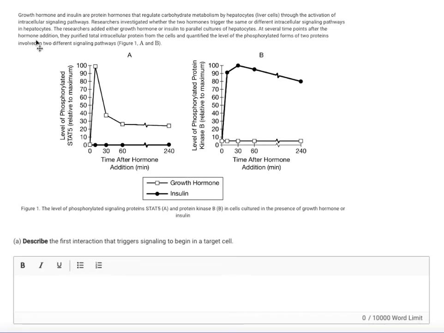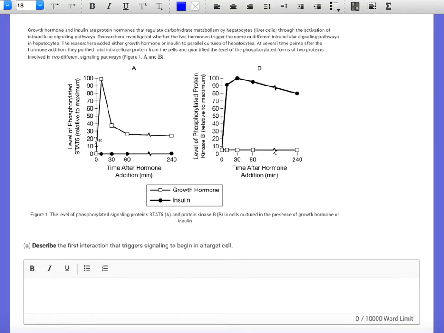Okay, so again, describe the first interaction that triggers cell signaling to begin in a target cell. Well, this actually doesn't involve any of the data. This is just the basics of what we learned in Chapter 11, which was cell signaling. You should all know that a signaling molecule, aka a ligand, binds to a receptor.